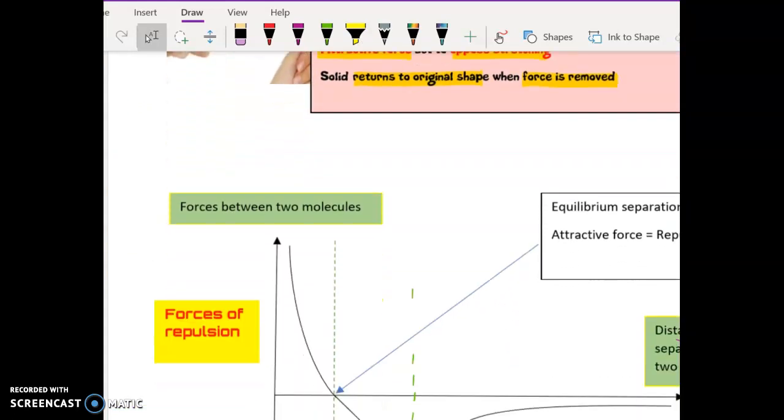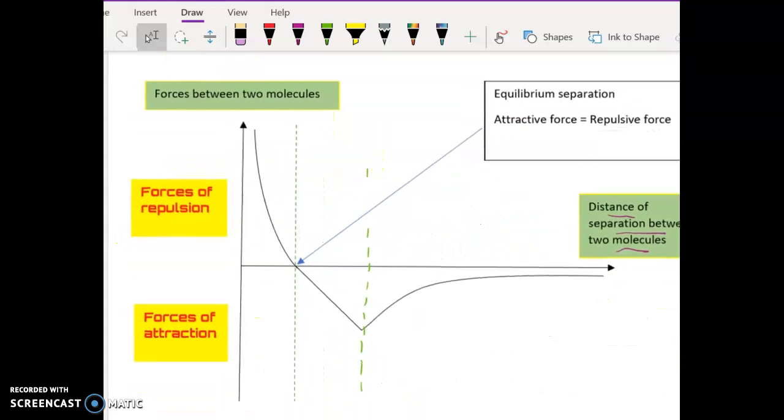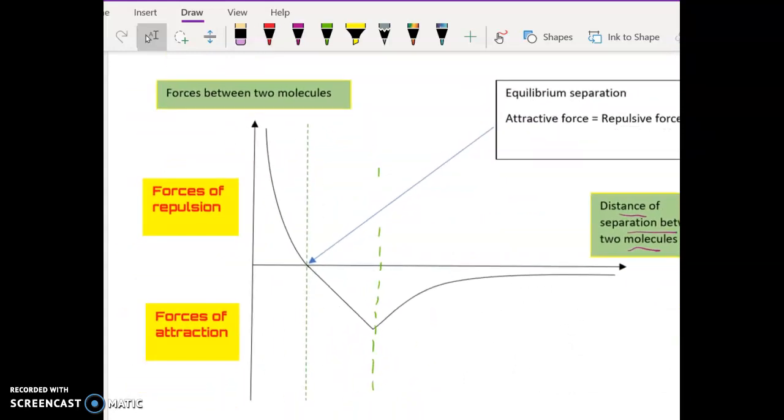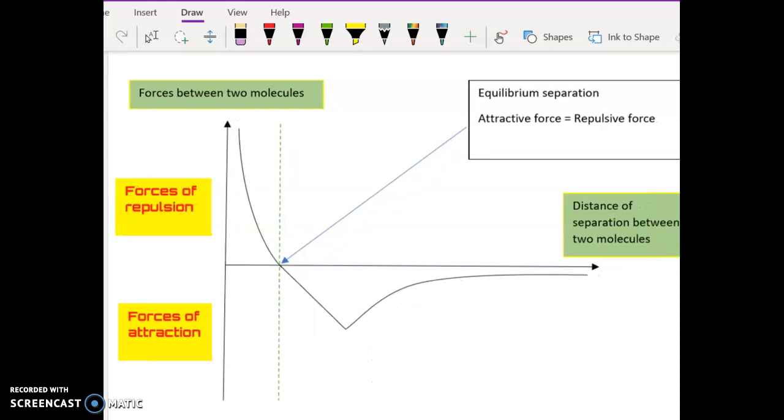Okay, here's the graph. On the y-axis, we have forces of repulsion and forces of attraction. On the x-axis, we have the distance of separation between two molecules. When we do not exert any force on the object, the forces are in equilibrium; they are in balance.